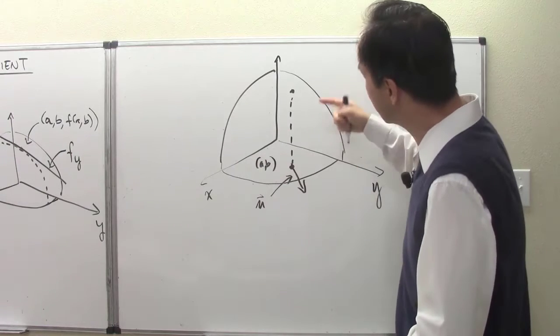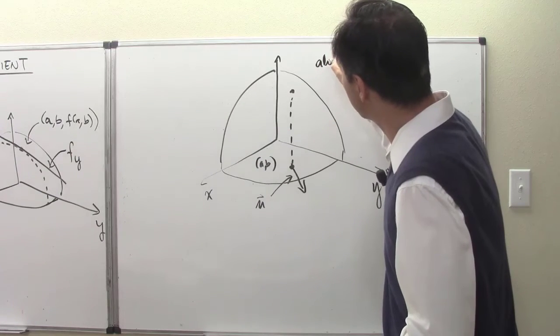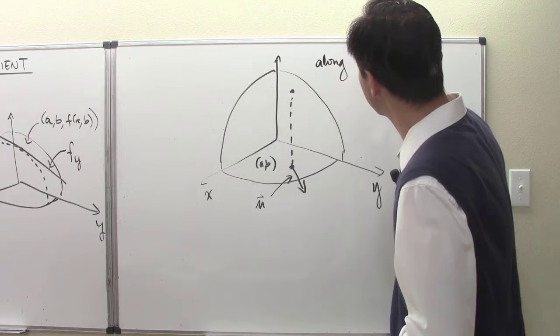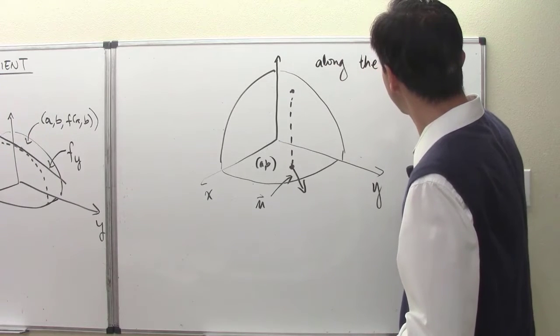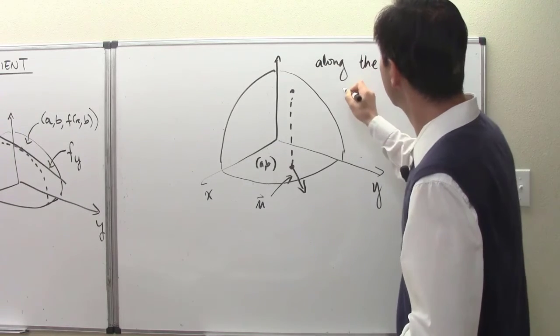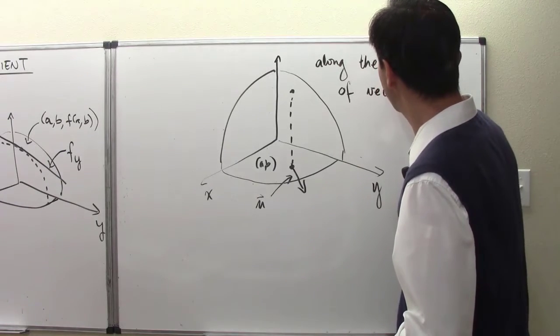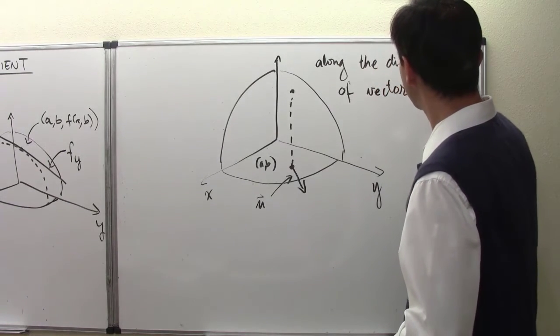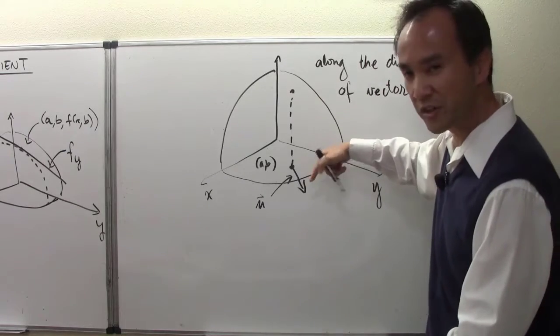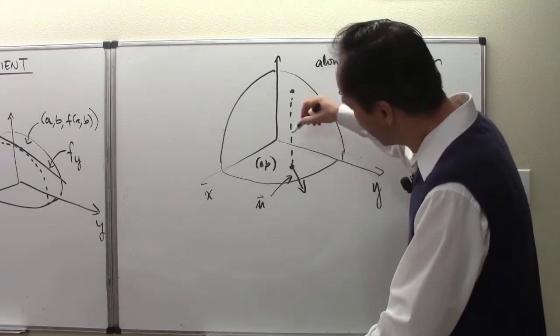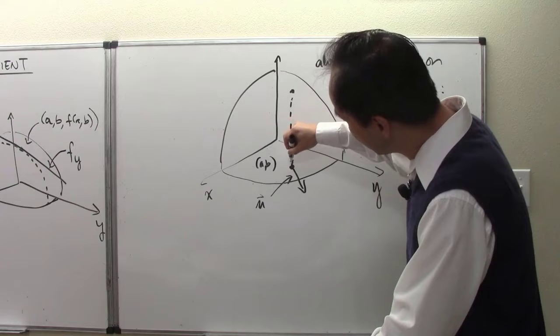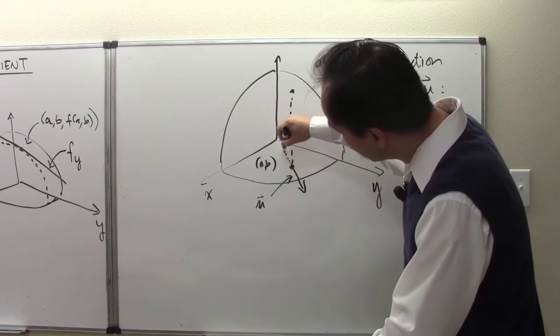So the idea now is, what about along the direction of the vector u? Okay, along the direction of vector u, we can do the following. Think about if we can extend this vector into a line.